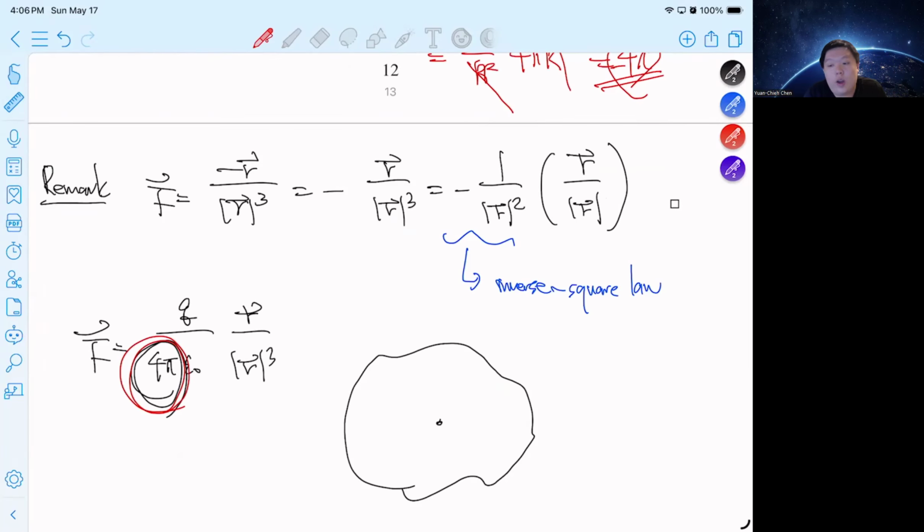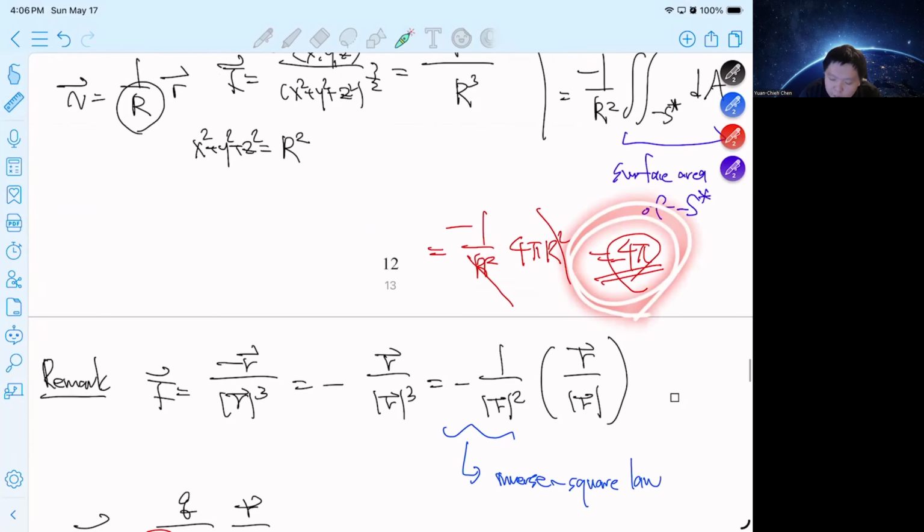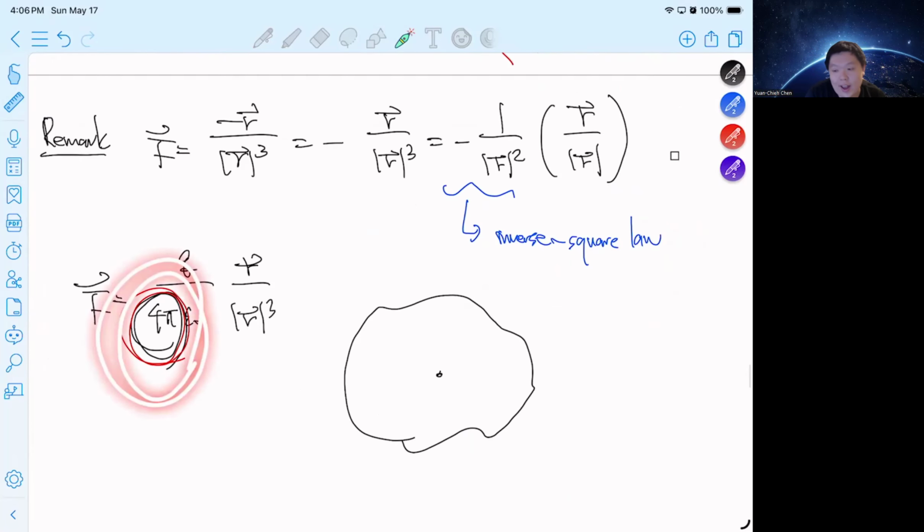You might wonder, this is a constant, so why do we have to write a 4 pi? That's the reason: every time we calculate the field or the force, we'll have an extra 4 pi by the divergence theorem, so we always need to divide it out. Since most of you will have some physics or engineering in the future, you'll see this a lot.